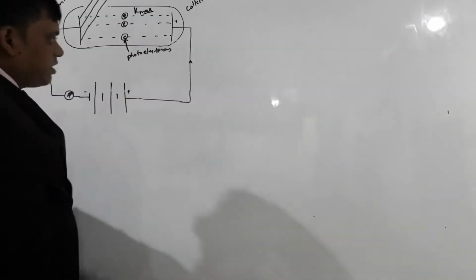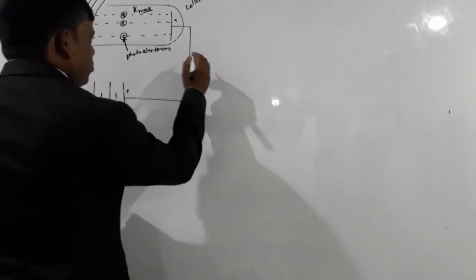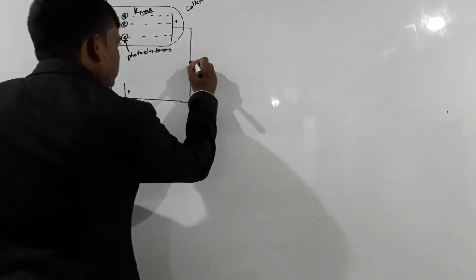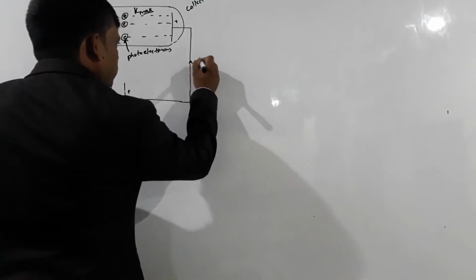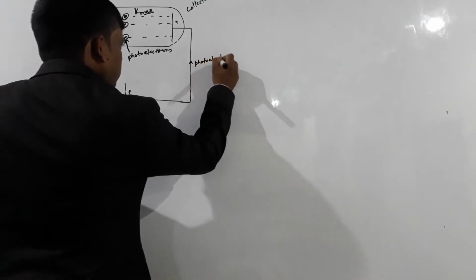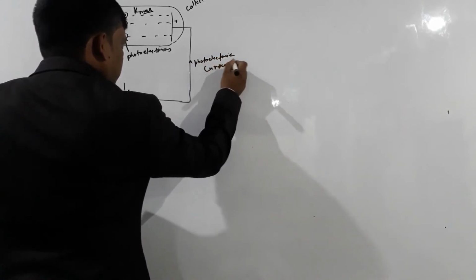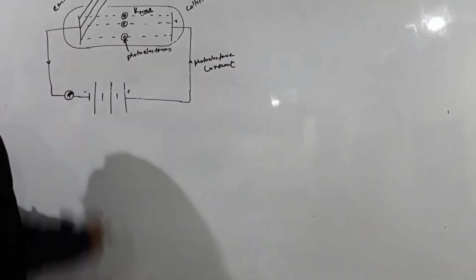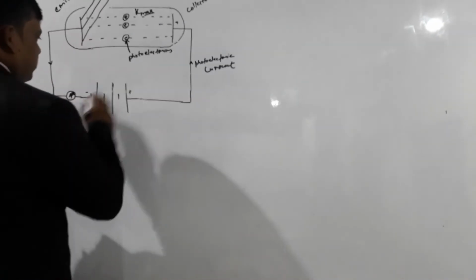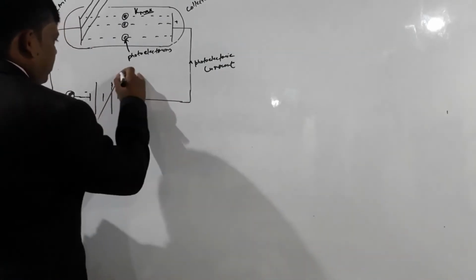And the current in the circuit due to photoelectrons is called photoelectric current, and this effect is called the photoelectric effect. This is a variable battery.